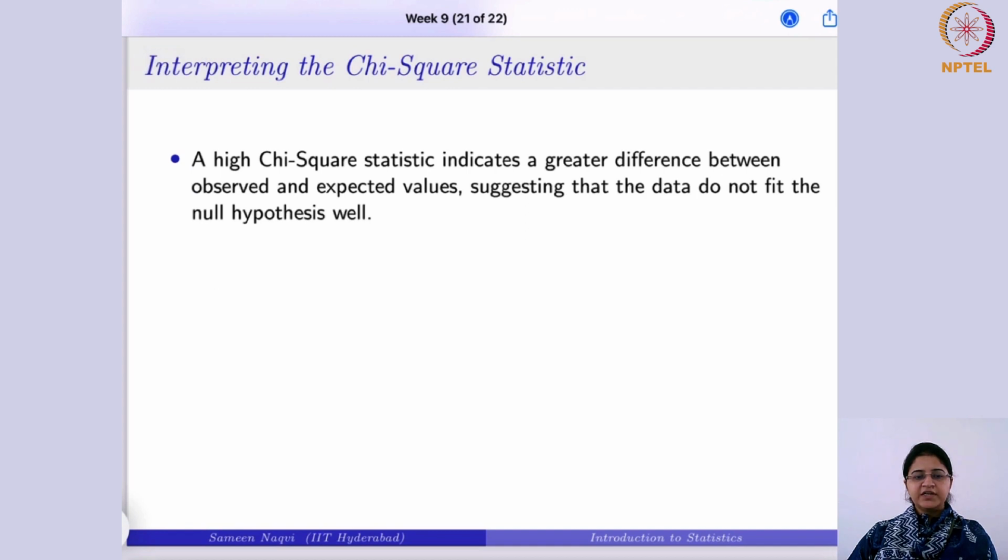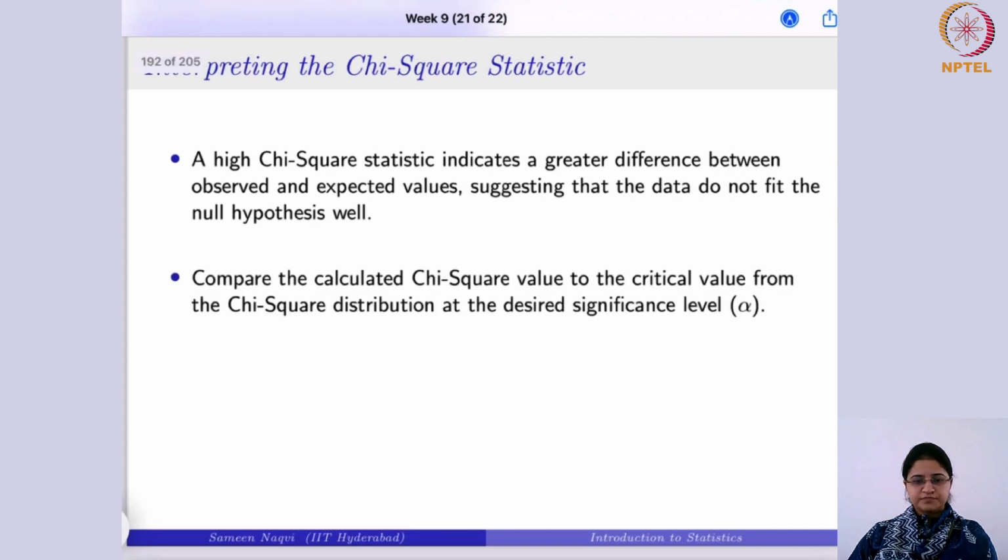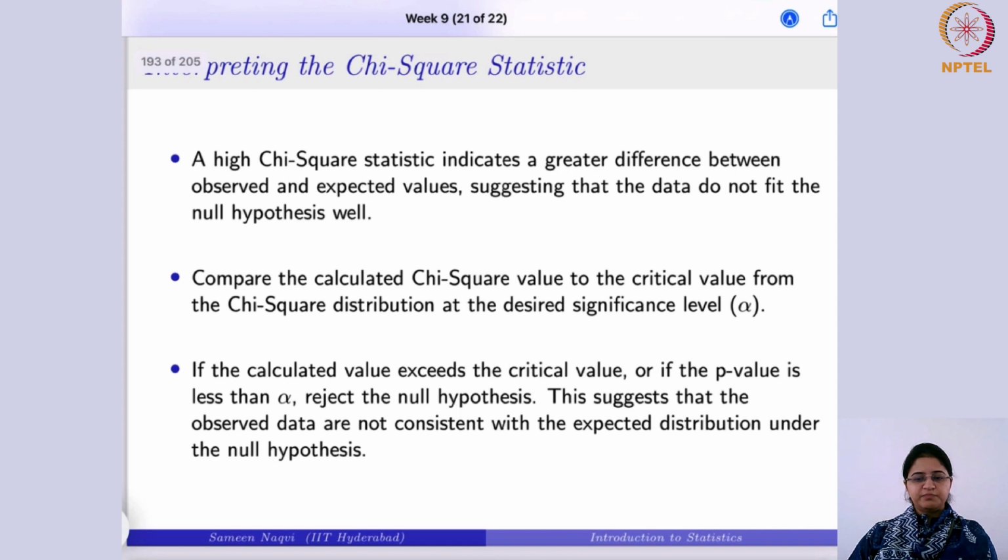So if you get a high chi-square statistic, it would indicate a greater difference between observed and expected values, right? Because you are taking the difference of the two, squaring it and dividing by E_i. A higher value means that observed and expected are very far away from each other, suggesting that the data do not fit the null hypothesis well, or the distribution that we are expecting. So you compare the chi-square value to the critical value at the desired significance level, or you find the p-value.